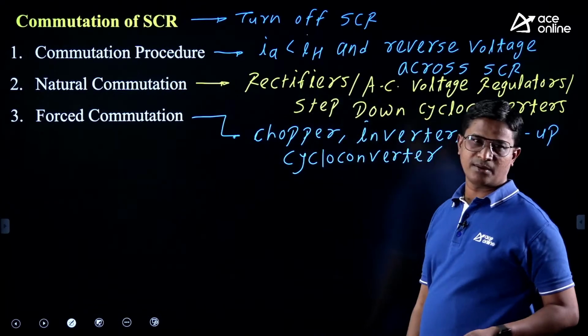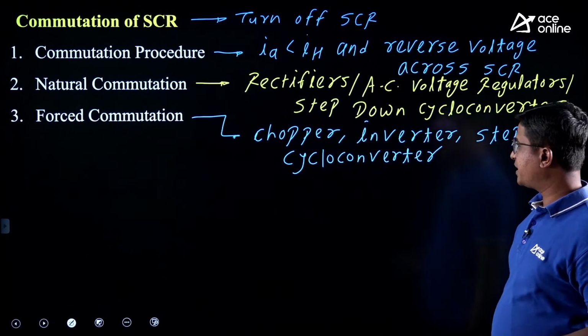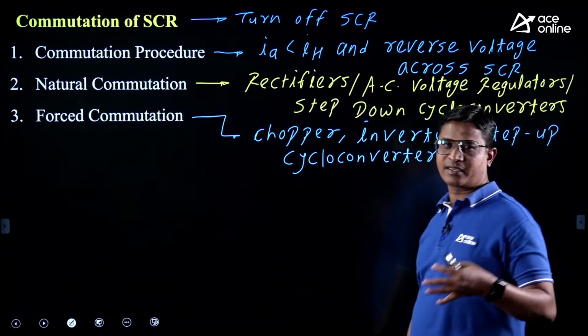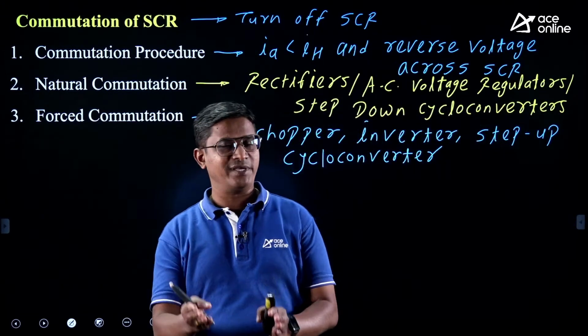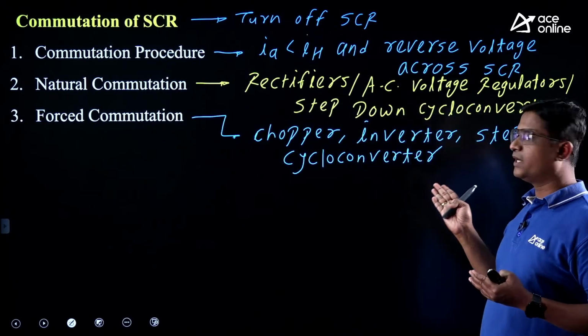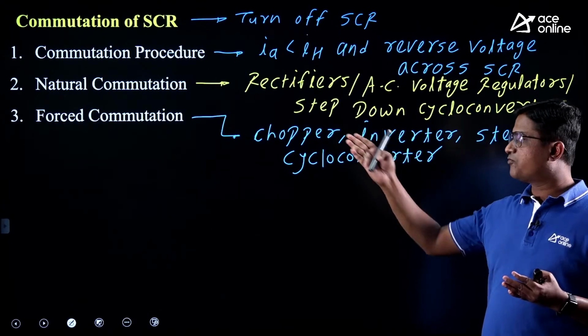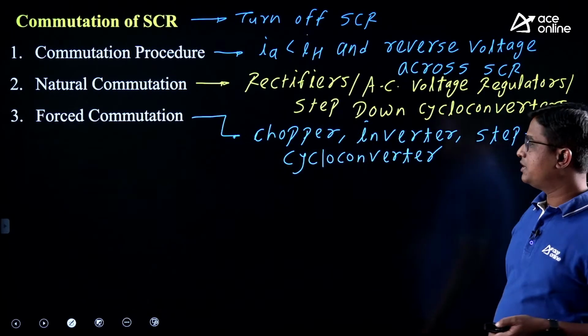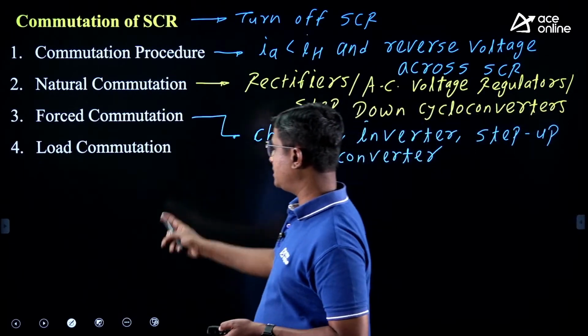Okay, forced commutation is used. Strictly speaking, in choppers and inverters, in practical cases, we use fully controlled devices. But if you use the SCR in chopper and inverter circuitries, then you need to go for the forced commutation circuitry. Okay.